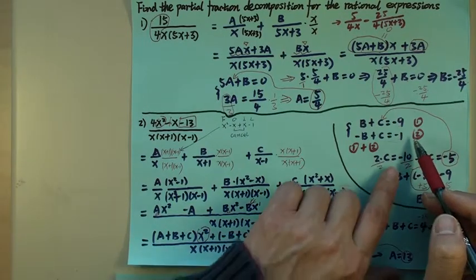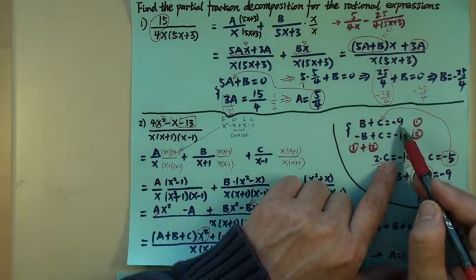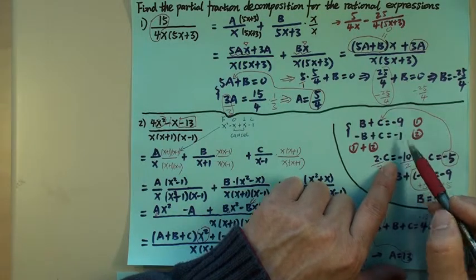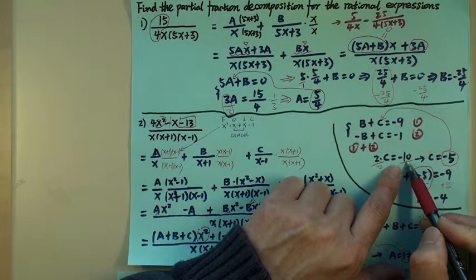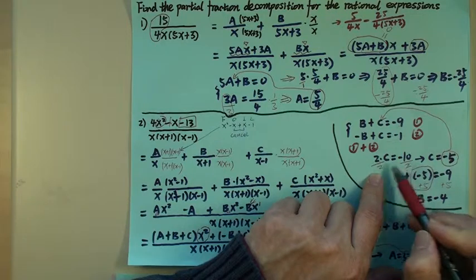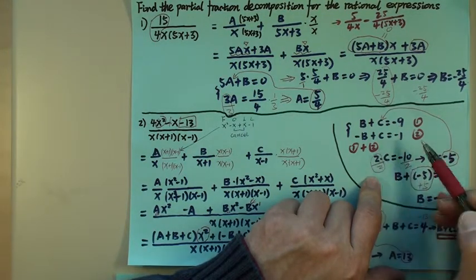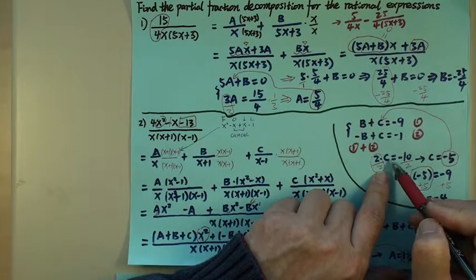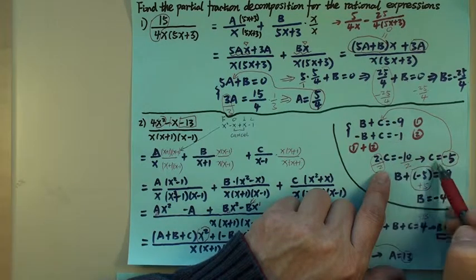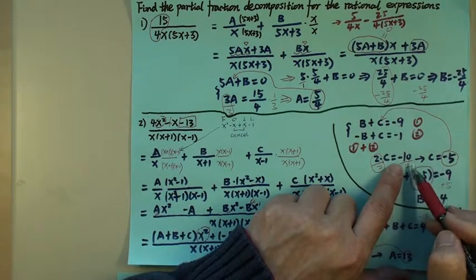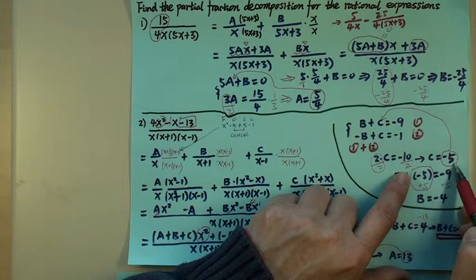The right-hand side is negative 9 plus negative 1, which is negative 10. Then both sides divided by 2: 2 divided by 2 is 1, times c, 1 times c is c. And negative 10 divided by 2 is negative 5.